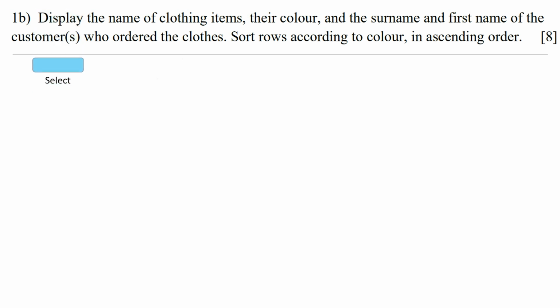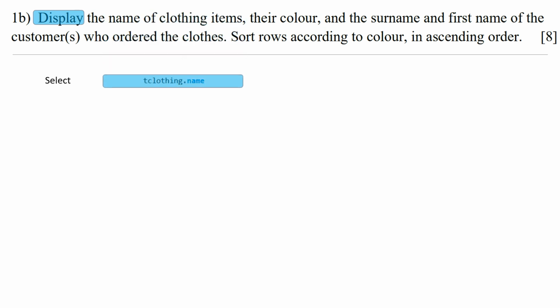So whenever you see the word display, extract, show, view, know that there is need for me to write a select statement. Then select the name of clothing items, meaning I have to select the name of clothing.